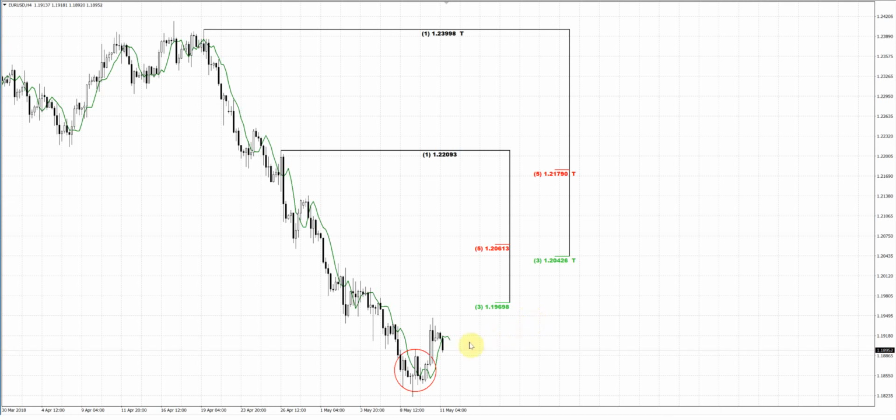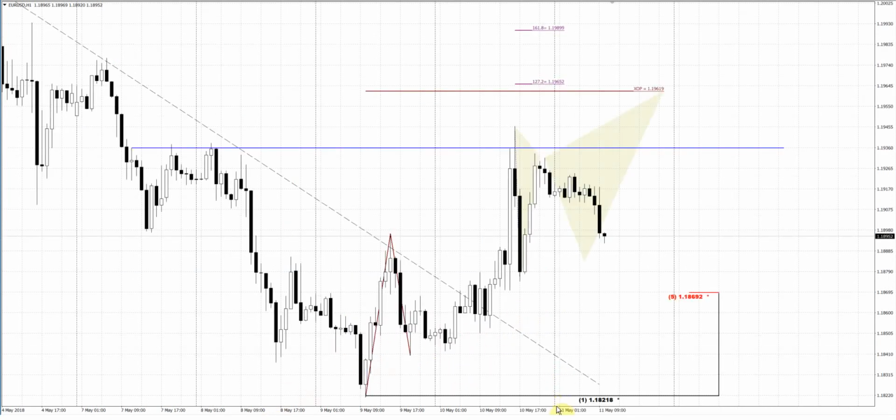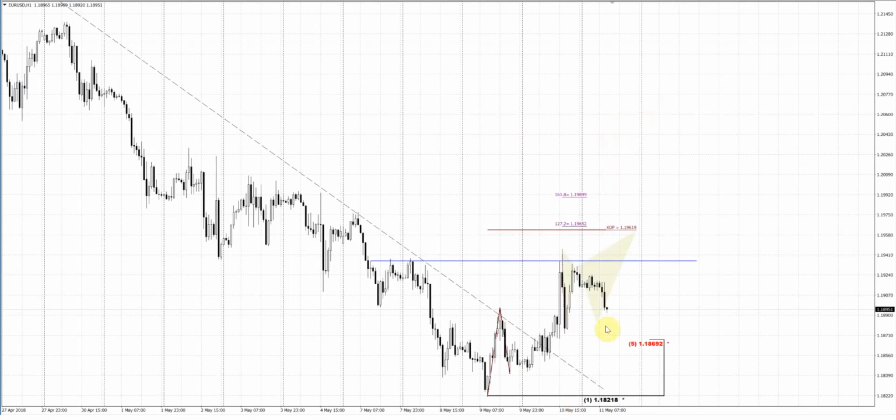Now let's take a look at what's going on here on the hourly chart. On the hourly chart, we could get a kind of head and shoulders pattern, guys, as I said, in relation to the morning star. So that could become a left shoulder, head, right shoulder, and the upward continuation. Here we have different extensions.